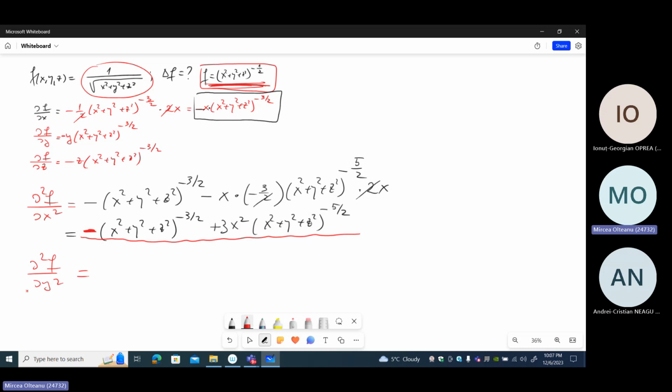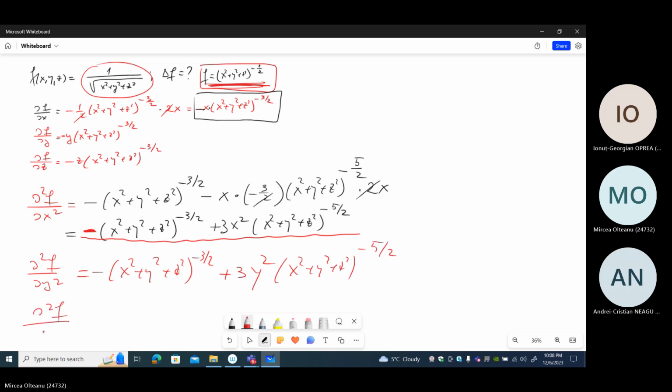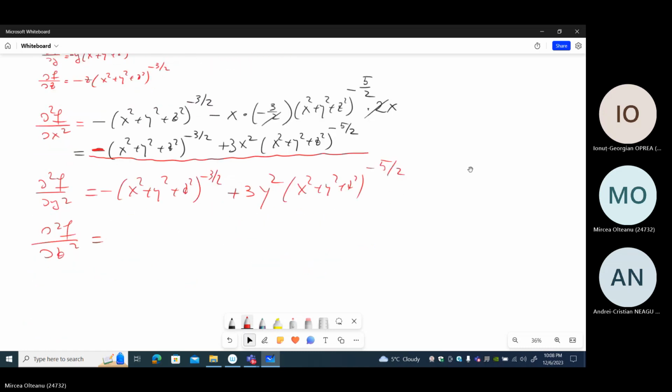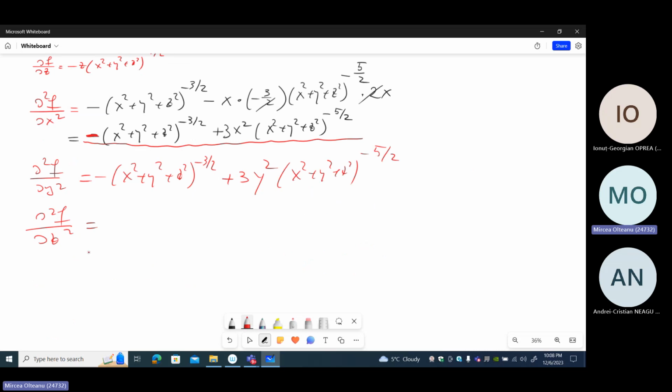By symmetry, that means instead of 3x, here there will be 3y squared, of course. They don't look very good. Rather complicated, but okay.